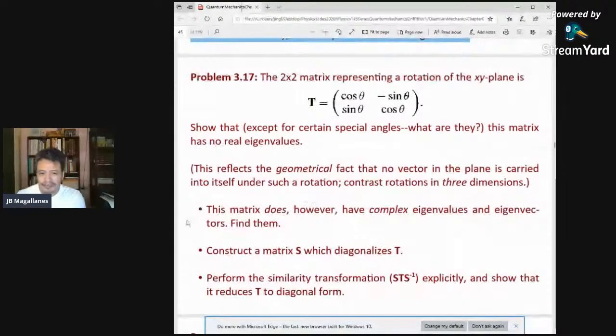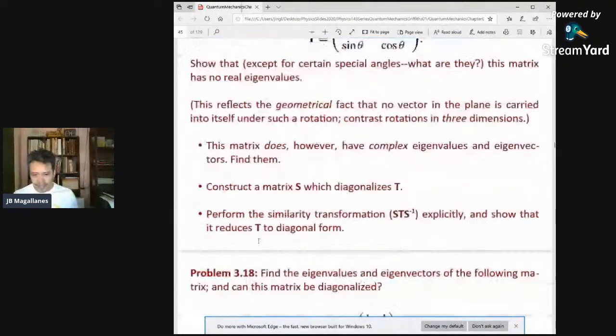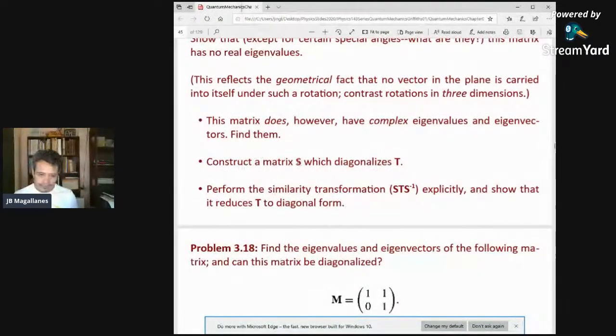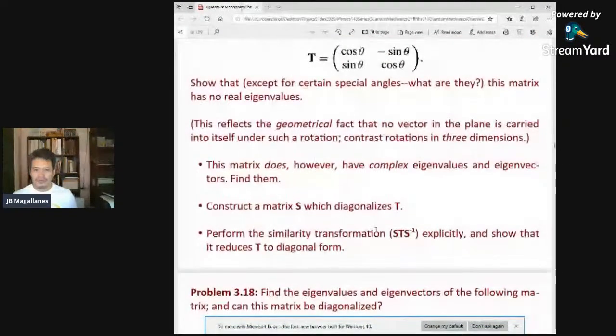You can manipulate this using this matrix, get the eigenvalues, and then from the eigenvalues get the eigenvectors, and then construct the S which diagonalizes the T. Or first you can construct S inverse.